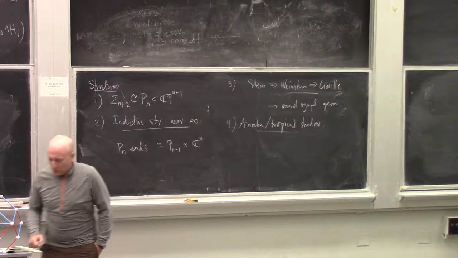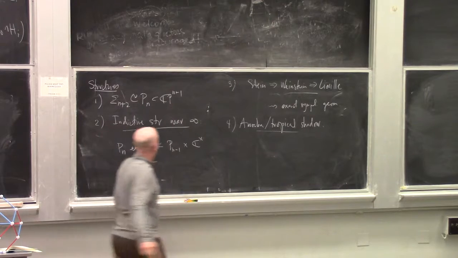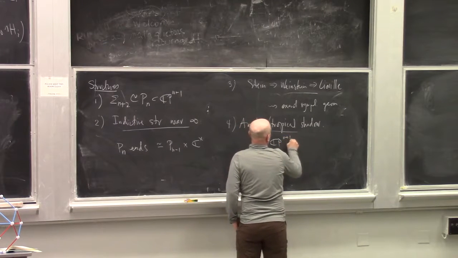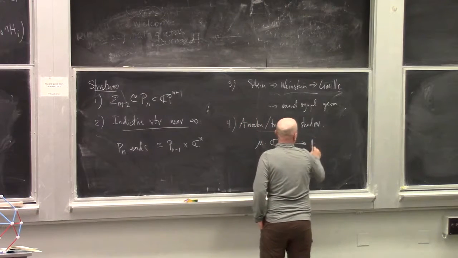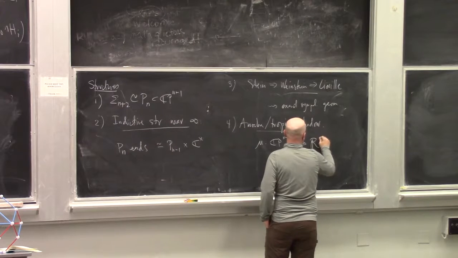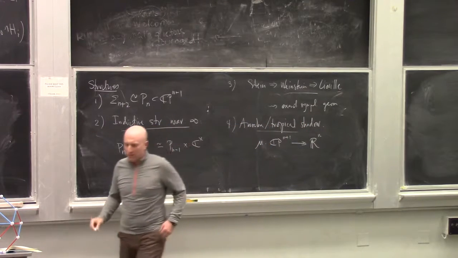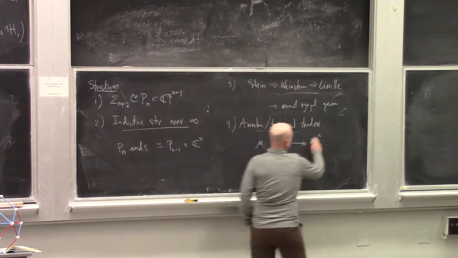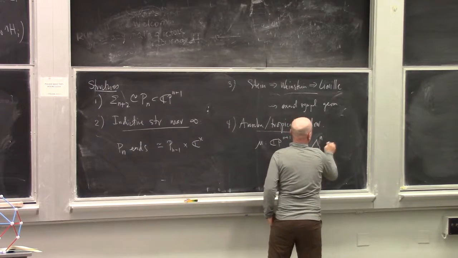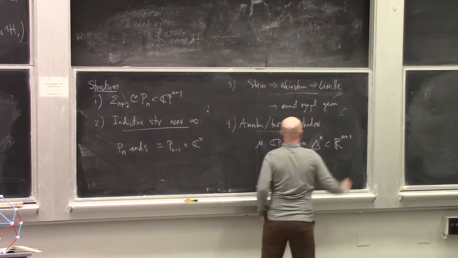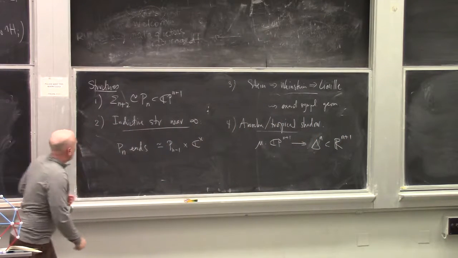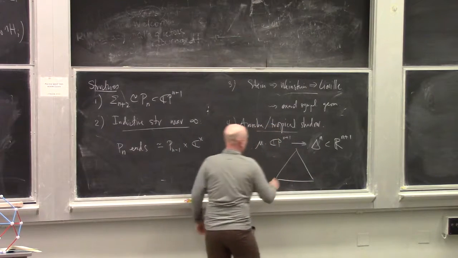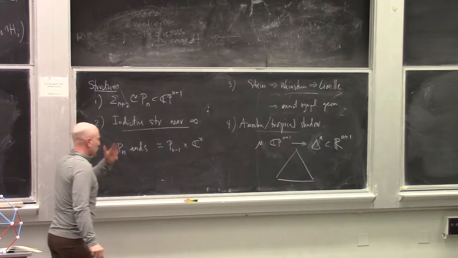Let me remind you that we have a moment map, or a log map, from CP^{n+1} to R^n, and its image is an n-simplex. For example, for n equals 1, we see the usual 2-simplex.